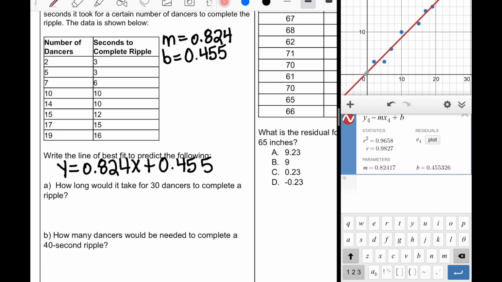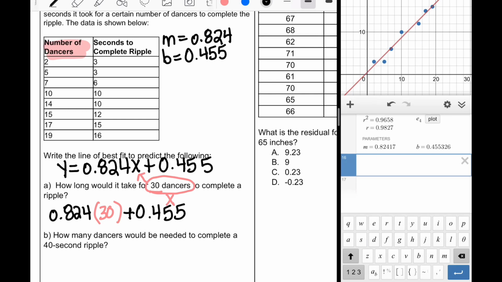Now, the next question says, how long is it going to take for 30 dancers to complete this ripple? So 30 dancers, if I look at my table, dancers is an x value. So we're going to plug in 30 for x and figure that out. So we're going to have 0.824 times 30, and we're going to add that y-intercept, 0.455.